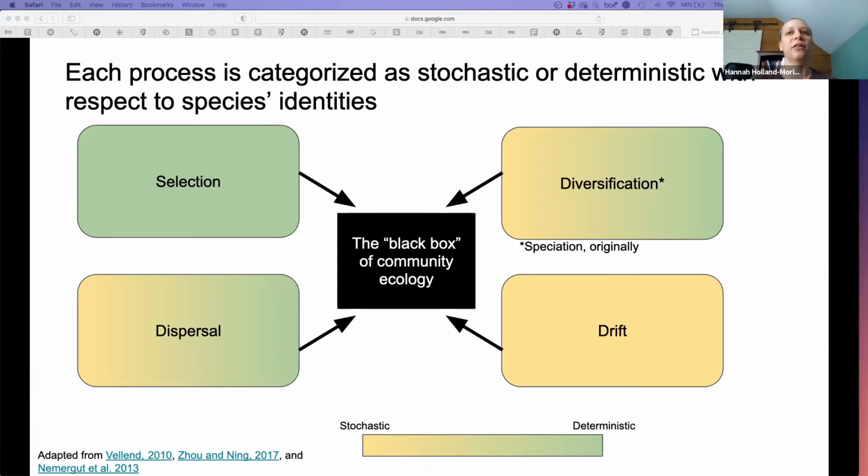And we call this stochastic and deterministic, whereby some of these pillars might be very predictable based on species identities, and others might not be very predictable based on species identity. And that's very important. When we talk about stochastic, we're not talking about totally random. We're talking about random with respect to the species identities of the community. Next slide, please.